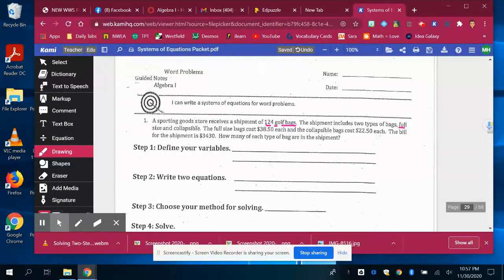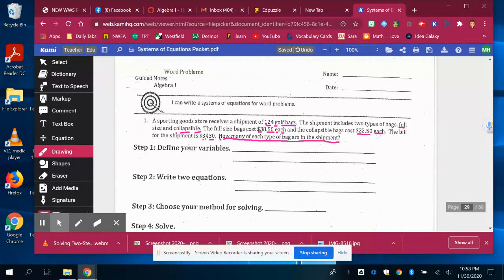The full size bags cost $38.50 each, and the collapsible bags cost $22.50 each. The bill for the shipment is $3,430. The question is, how many of each type of bag are in the shipment? I want you to use that question to help you to define your variables.